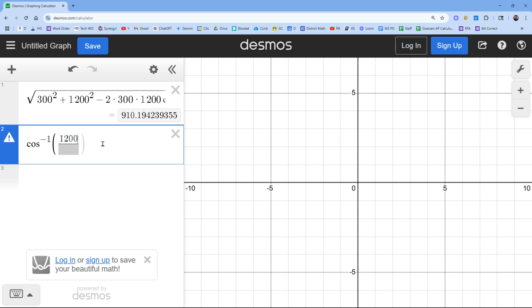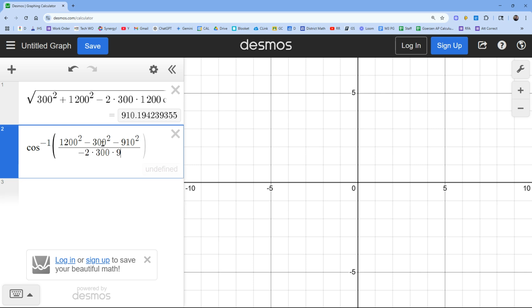And then 1200 squared, subtract 300 squared, subtract 910 squared, negative 2 times 300 times 910. All right. So that's 162.9.